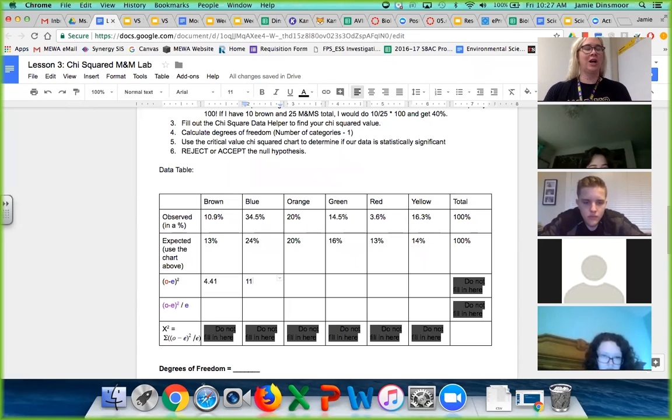Anyone want to suggest what they got? I gave you the first two digits of it. If we do observed minus expected for blue, what do we get? And square it.